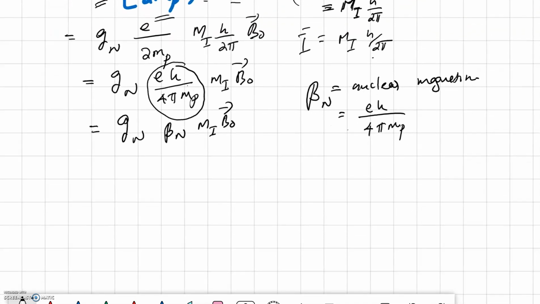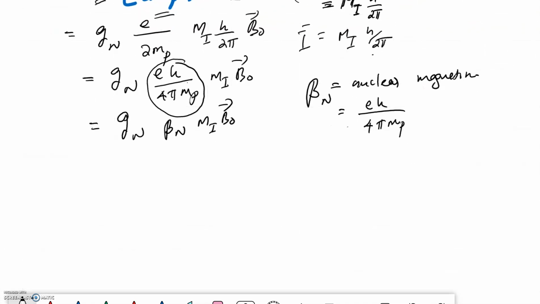So, the difference in energy between the energy levels: this is the equation for energy. For delta E, mi has a value from minus I to plus I. Therefore, for each value of mi there is an energy. The levels become non-degenerate in the presence of an applied magnetic field; these orientations have different energy.